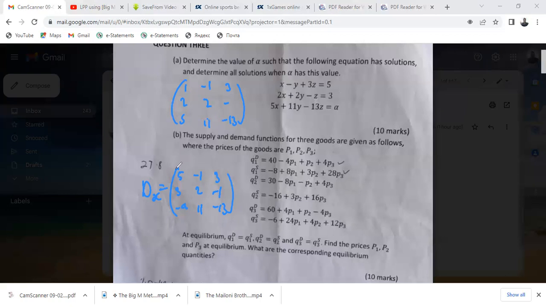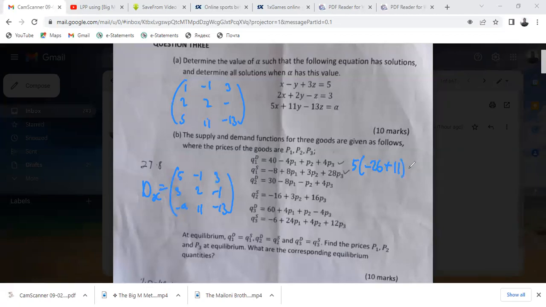We said the determinant will be like how for this one. It will be 5 in brackets, that to be 2 times 13, negative 26. So it will be negative 26. And negative 11, minus minus, so plus 11.